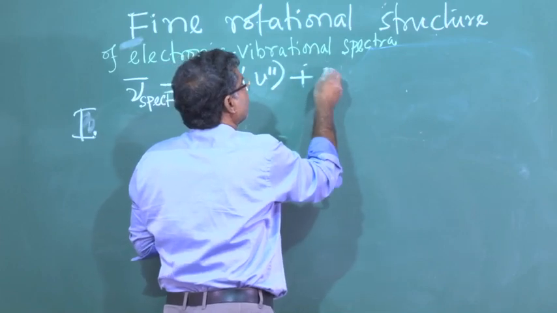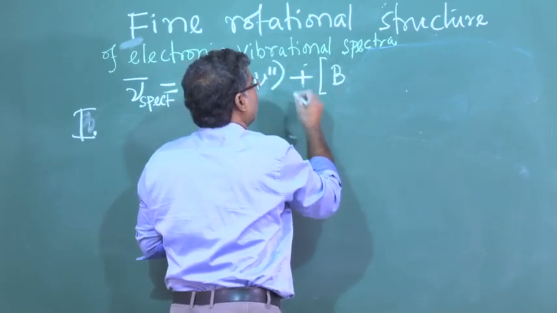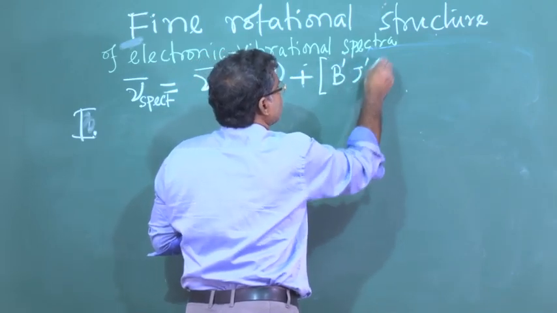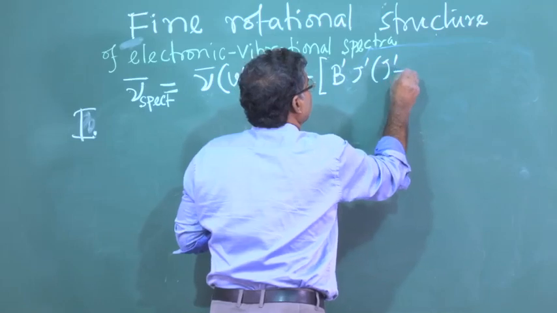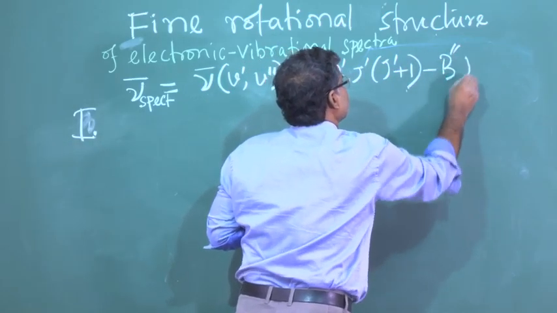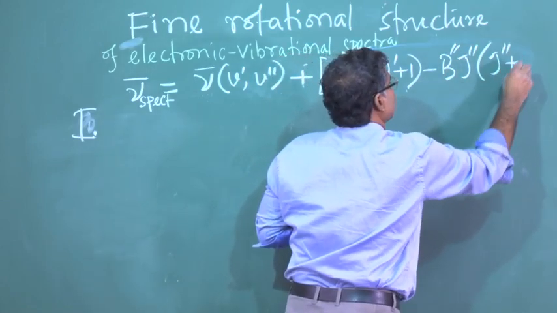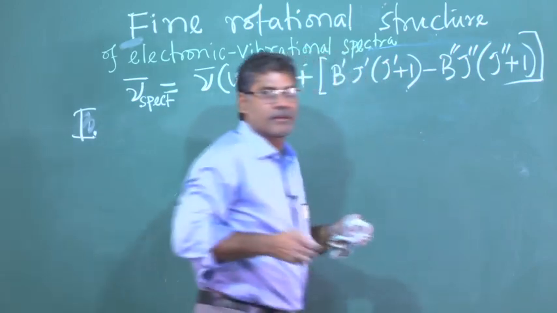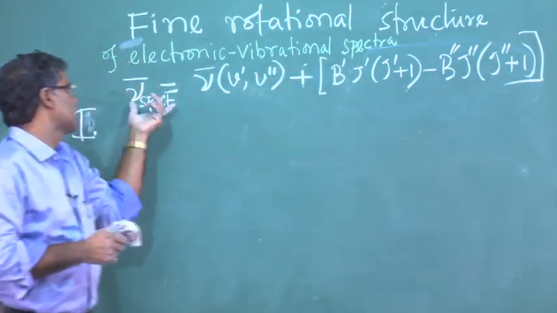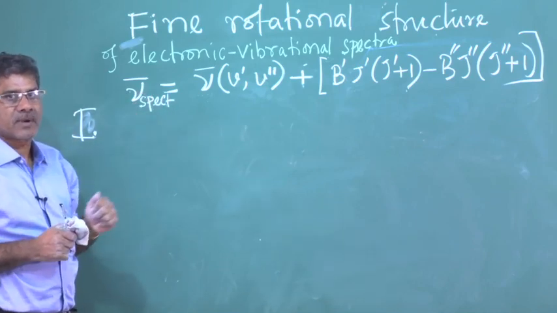So, basically I can write B dash J dash plus 1 minus B double dash J double dash plus 1. That will be the wave number of the spectral lines.